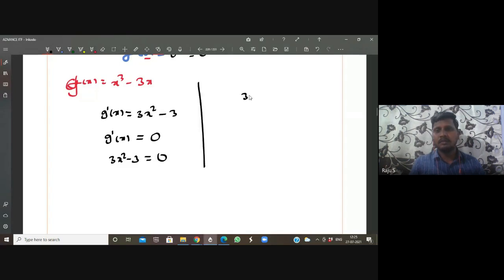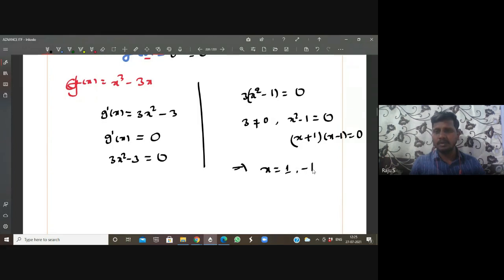So then 3 is common, x square minus 1 is equal to 0. 3 is not equal to 0, but x square minus 1 must be equal to 0, because the right side is 0. So x plus 1 into x minus 1 is equal to 0. Which implies x values are either 1 or minus 1.